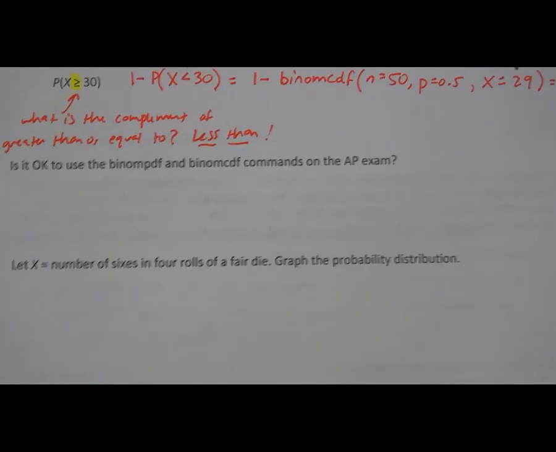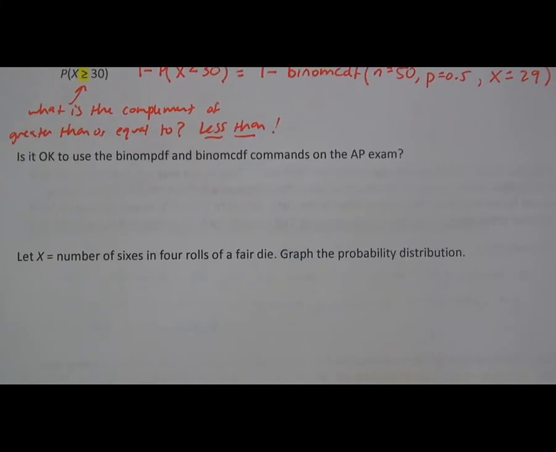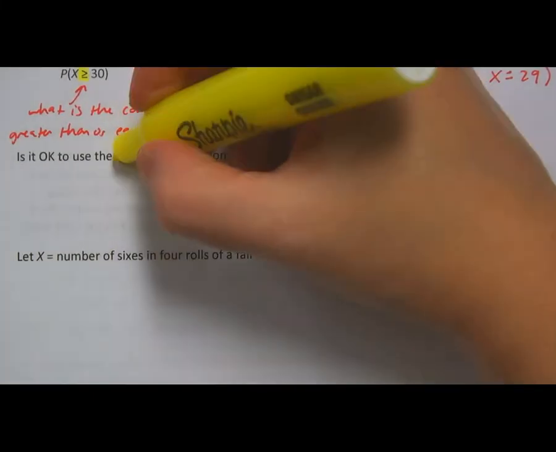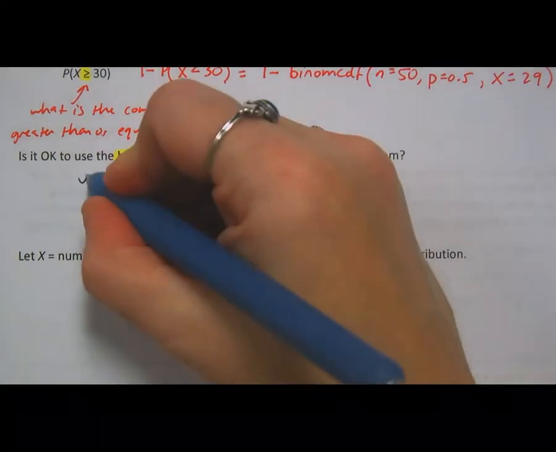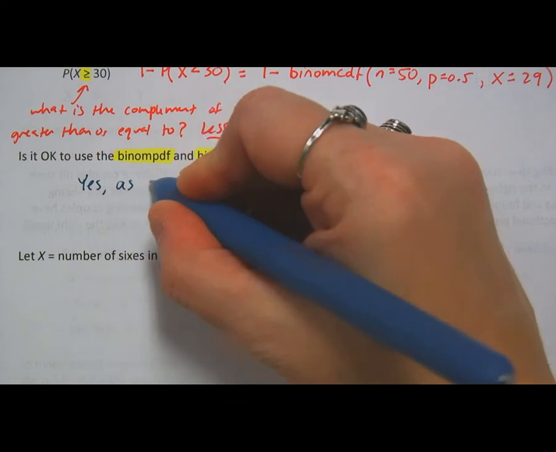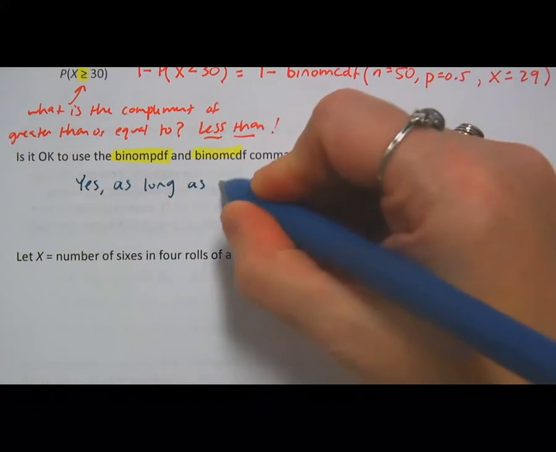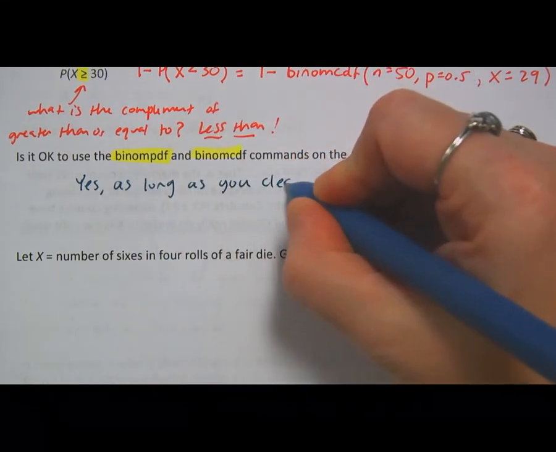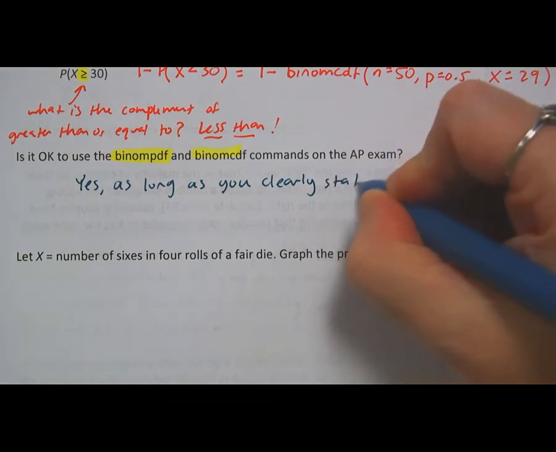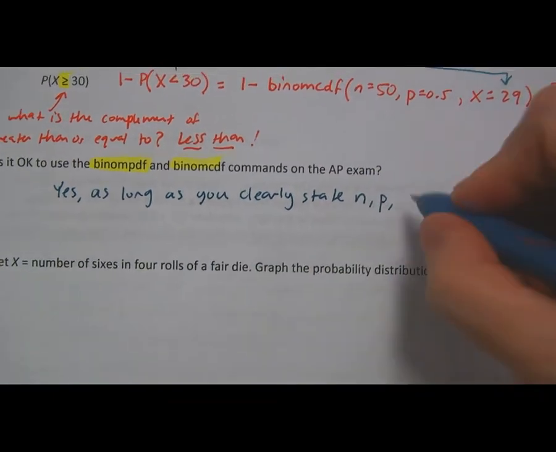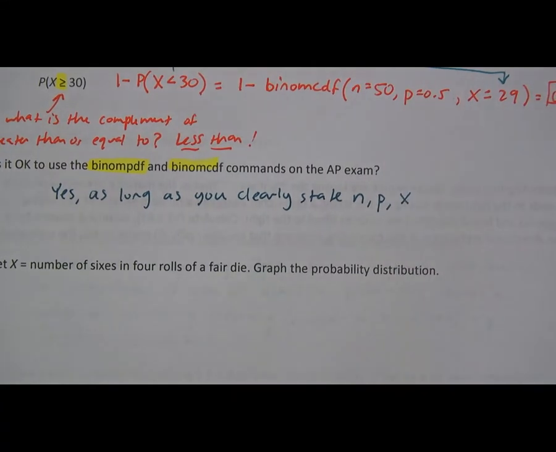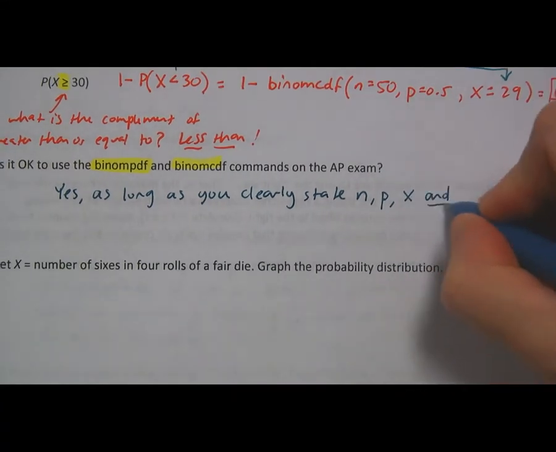Is it okay to use this notation on the AP exam? Yes, or I wouldn't have wasted your time by telling you that. But as long as you clearly state the number of trials, the probability of success, how many successes you want, and the direction.